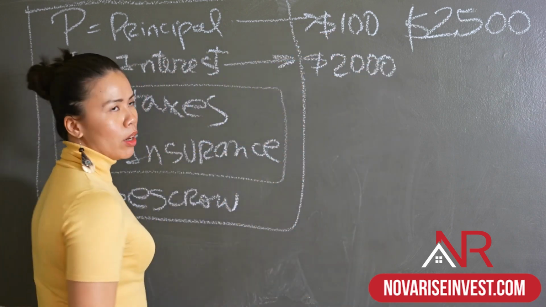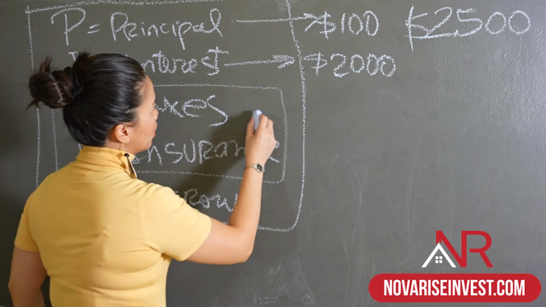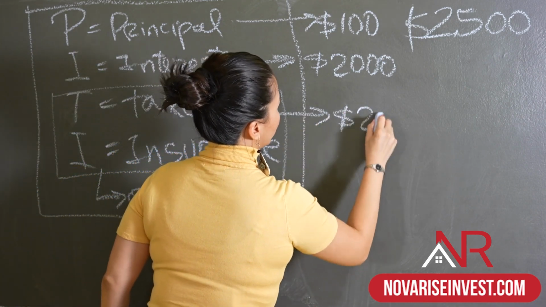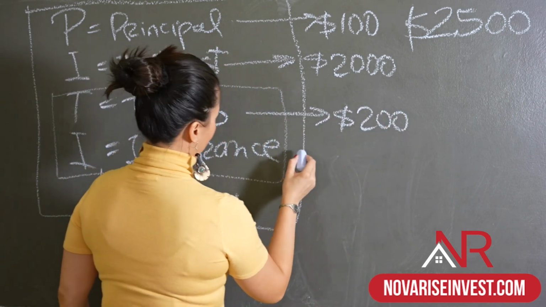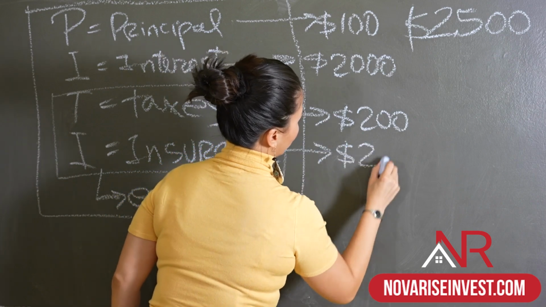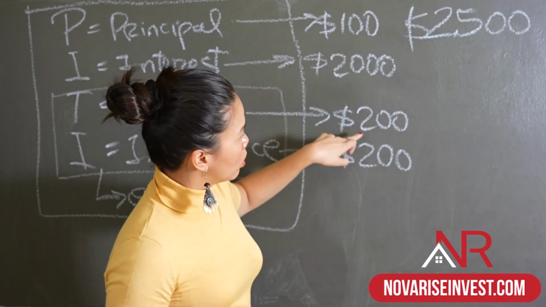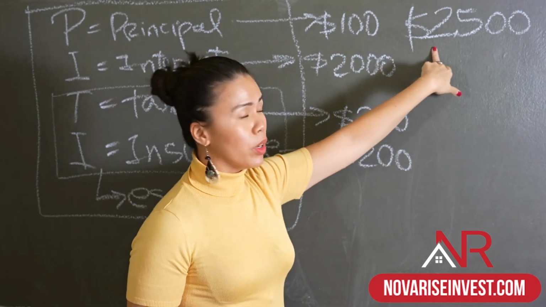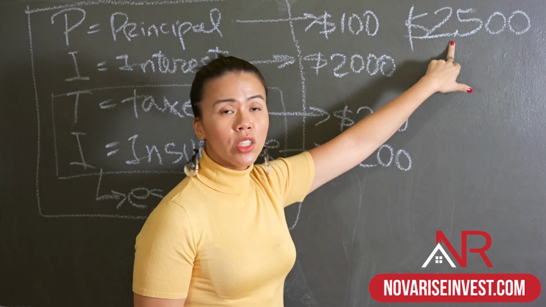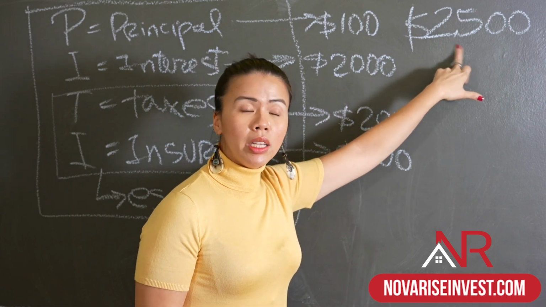So far we have $2,100. On the taxes, $200. And on insurance, $200. So when you add all of these 4 numbers up, 100, 2,000, 200, and 200, you end up with $2,500. That's your monthly mortgage payment.